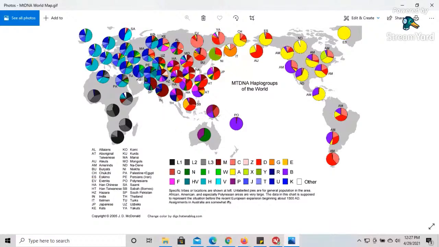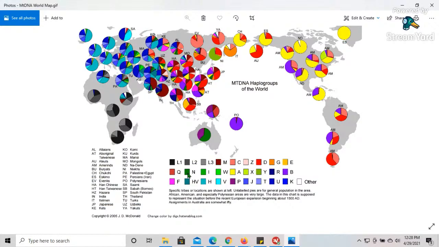But basically, this entire area here, including these areas which are very strongly R1b, which is the Asian R1b Y chromosome, basically the Celtic regions, all these Celtic regions here are like 100%, or 95% actually, mitochondrially Semitic mtDNA.